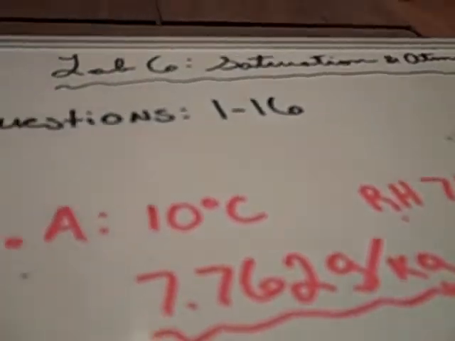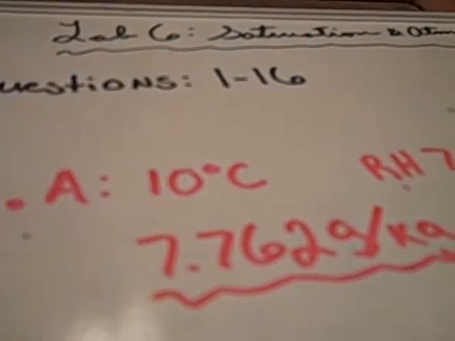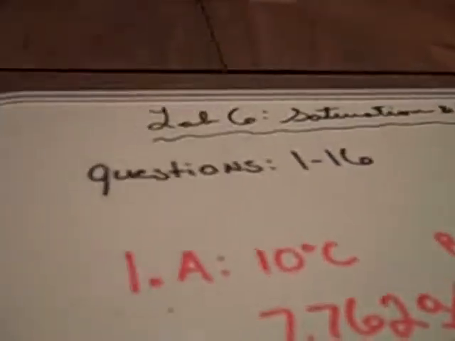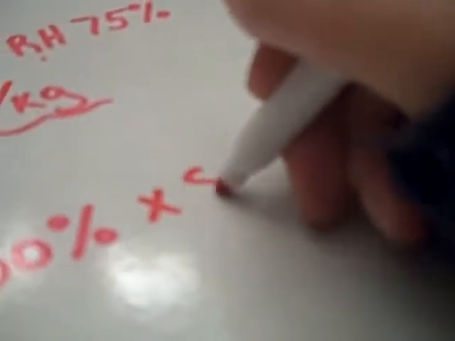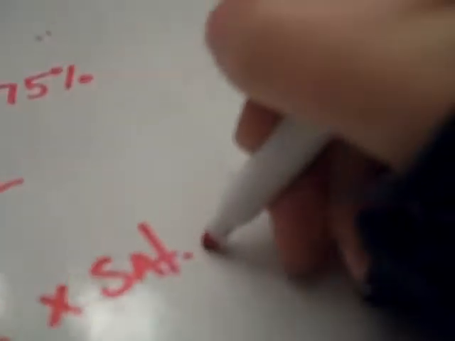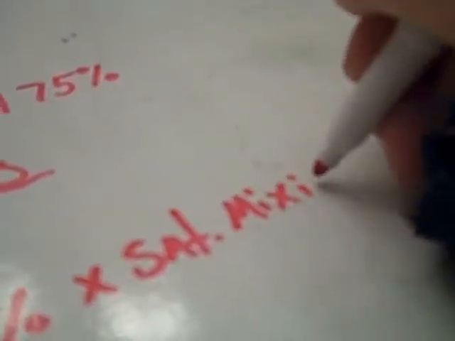Now for 2A, they ask me to find the mixing ratio. So we're going back to that equation we worked before. For 2A, I'm going to plug my information into the relative humidity divided by 100% times my saturation mixing ratio, which will equal my mixing ratio.